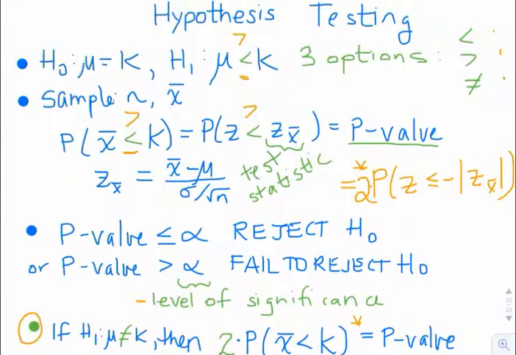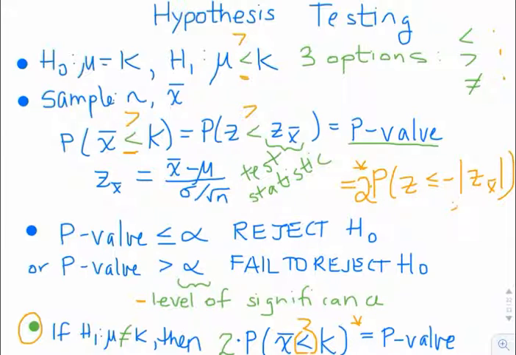So multiply that probability by 2. After you find the probability multiplied by 2, that will be your p-value. I'm just assuming here that your x bar is less than k; if it weren't, then you would use the greater than. I'm suggesting that you use the negative here because it's easier to use our z-table. Our z-table is already set up to tell you values to the left of the given z-value.